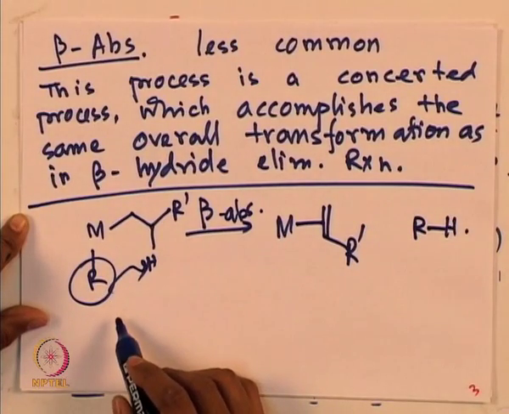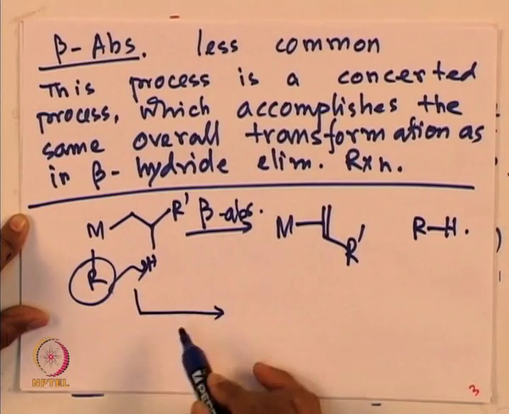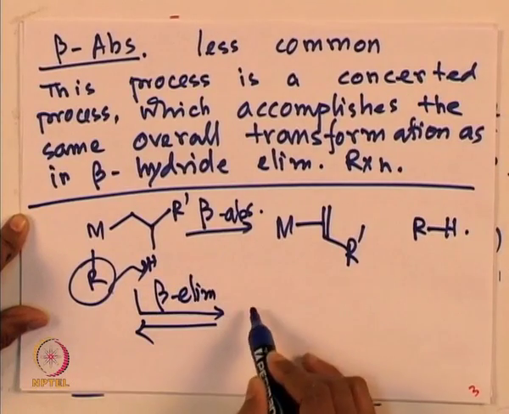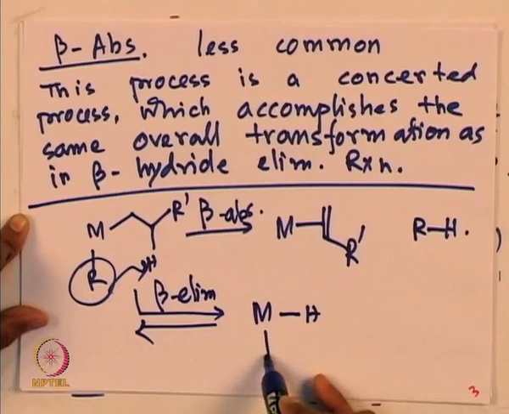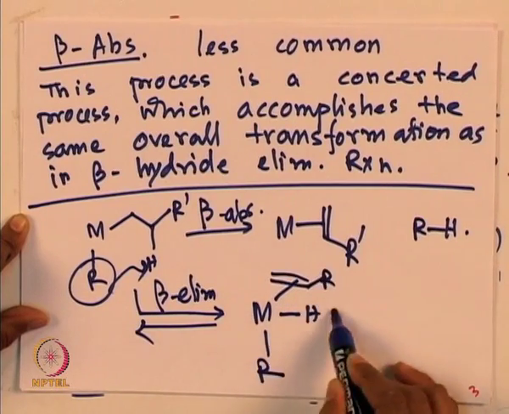If this one was undergoing, let's say, beta elimination, then we will get a metal hydride intermediate along with, let's say, R, and then olefin intermediate formation.